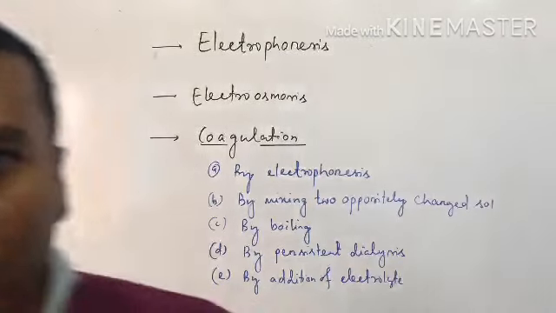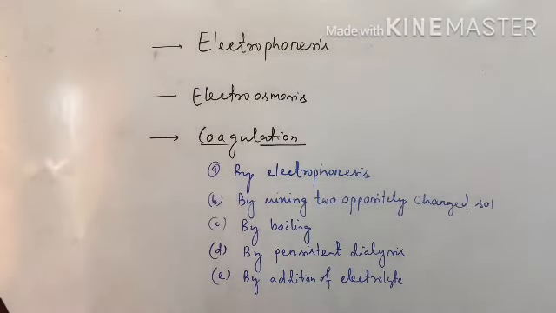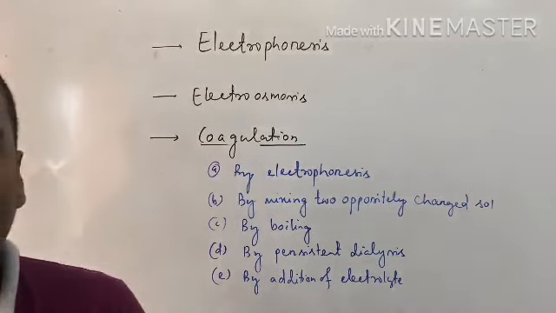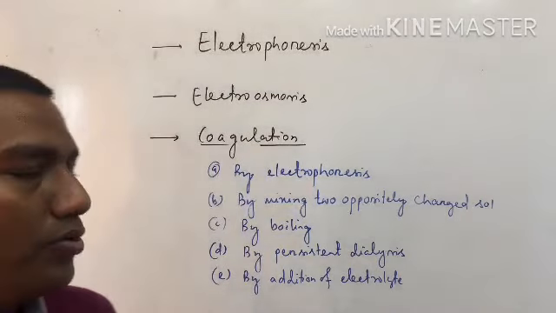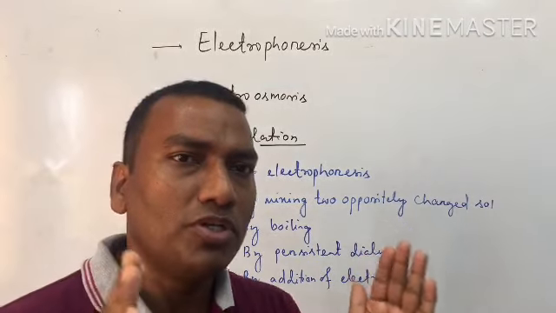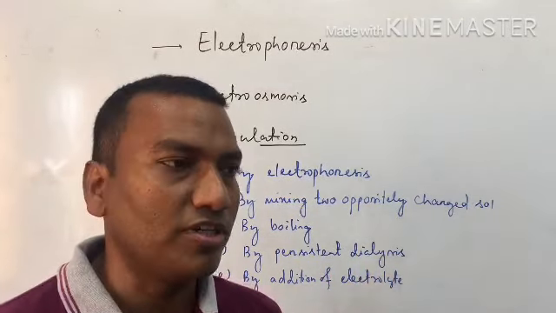So dear students, after the charge of the colloidal particle, the next property of the colloidal solution is electrophoresis. What do you mean by electrophoresis? Suppose in a container you take some colloidal solution.